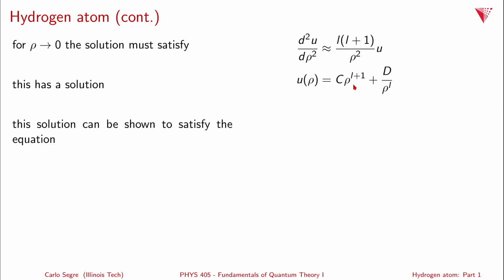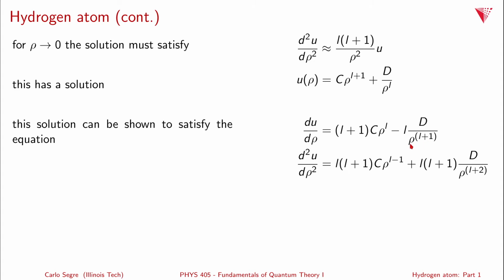Well, you can easily see how this satisfies the approximate equation by taking the first derivative. When you take the first derivative of the first term, you get L plus 1 times C times rho to the L, so you reduce the power by 1, and you get an L plus 1. And when you take the derivative of the second term, you get a minus L from the rho to the L in the denominator, D over rho to the L plus 1.